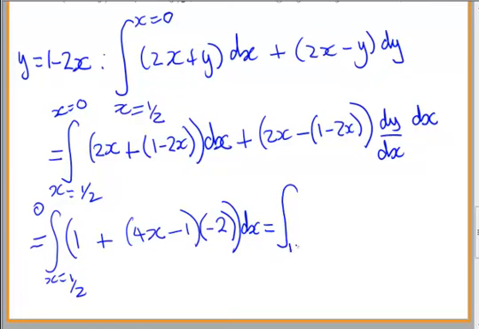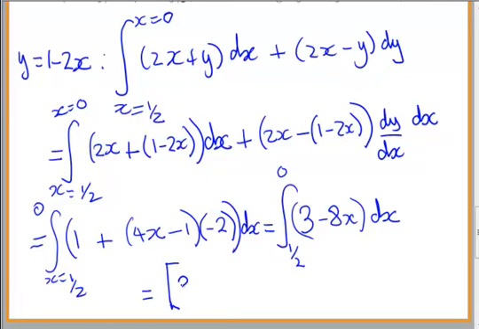So tidying up further, we've got 1, and then the minus 1 times the minus 2 gives us plus 2, so altogether that gives us 3. And then the minus 2 times the 4x gives us minus 8x with respect to dx. And I've just got room on this screen to squeeze in the integration.